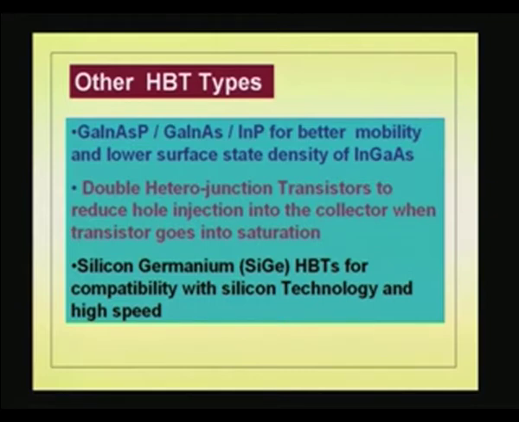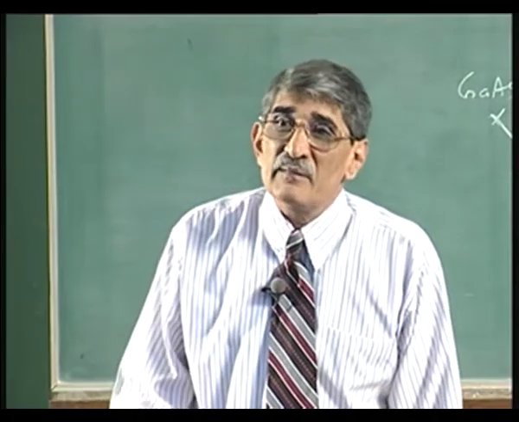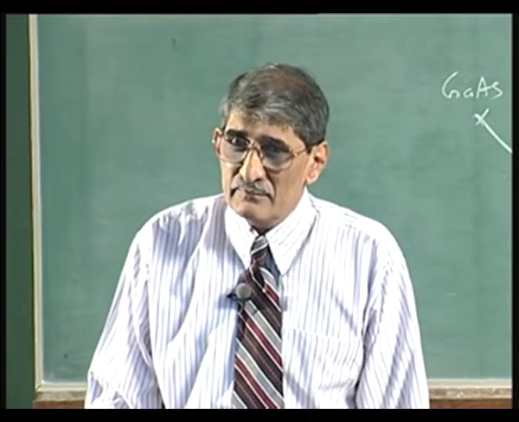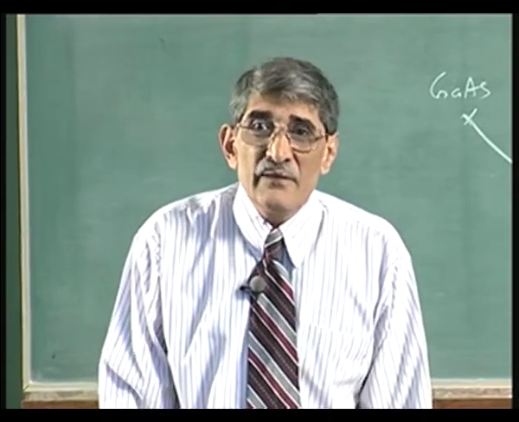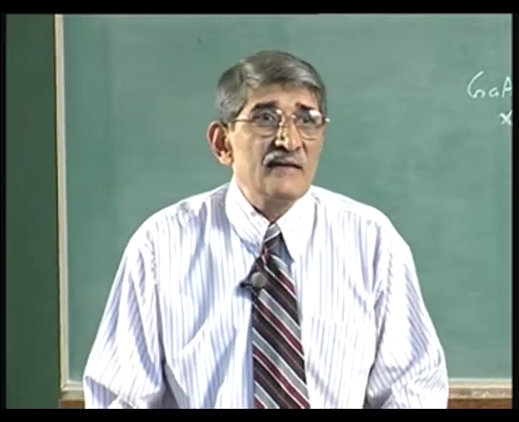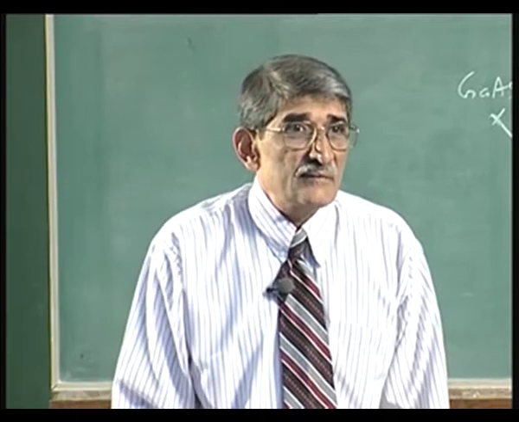Silicon germanium will be somewhere in between, depending upon how much germanium is there. So, you have a narrower band gap material and a wide band gap material. If you can grow one over the other and still get a defect free layer, then you can make heterojunctions with silicon.